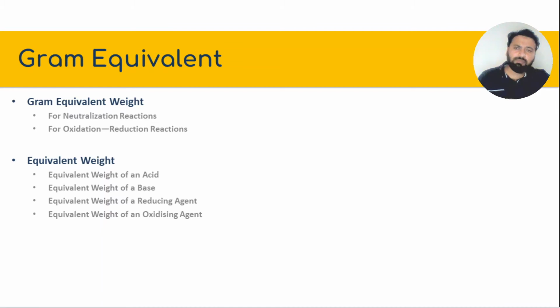It is also sometimes generally known as gram equivalent, and this gram equivalent weight has two distinct definitions: one is for neutralization and second is for the oxidation reduction reaction. Let me remind you that we are talking about concentration expression. While we are making this preparation in terms of normality, we are measuring the concentration in terms of normality, then we have to consider all these points, the gram equivalent.